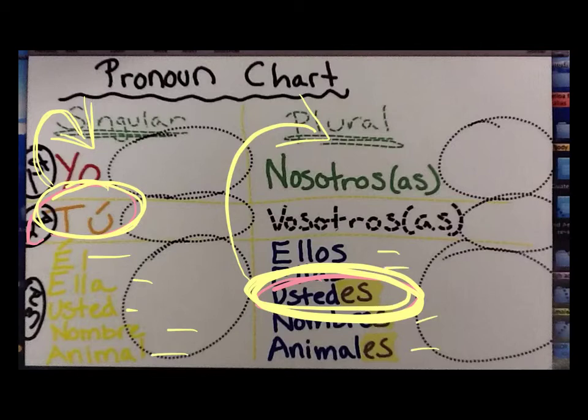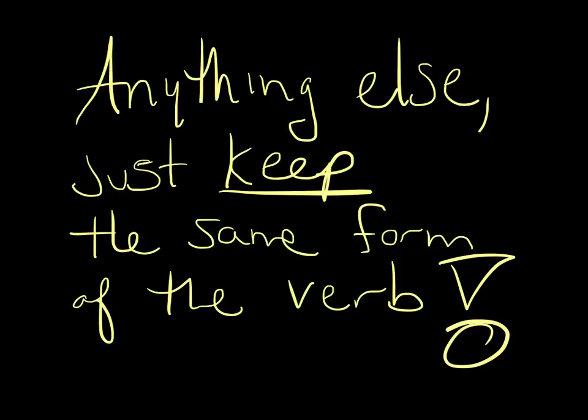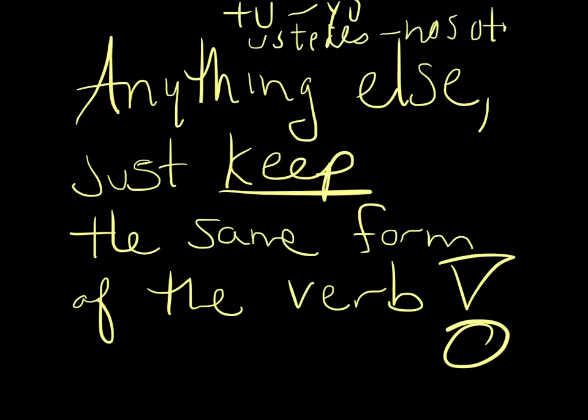Anything down here in third person singular, third person plural, that's talking about someone or something else. You are not involved. Don't think. Just repeat the same form of the verb. So anything else that's not tú to yo, or ustedes to nosotros, just keep the same form of the verb. You don't even have to think.